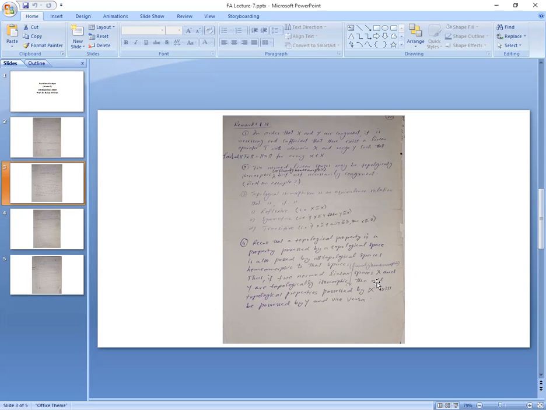That means the property possessed by the other topological spaces will also be possessed by X. So these are some remarks on definitions, and in the last remark we recalled the definition of topological property, and these remarks we shall use in our later work.